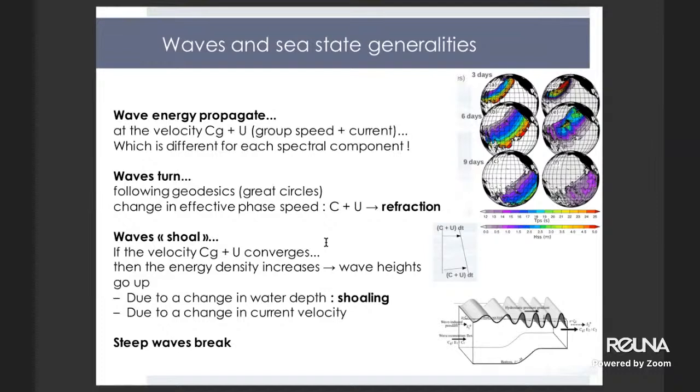When this happens, energy density increases and the waves go up in general. And steep waves also break. So this full variety of processes has to be modeled, as well as wave generation, in a wave model.